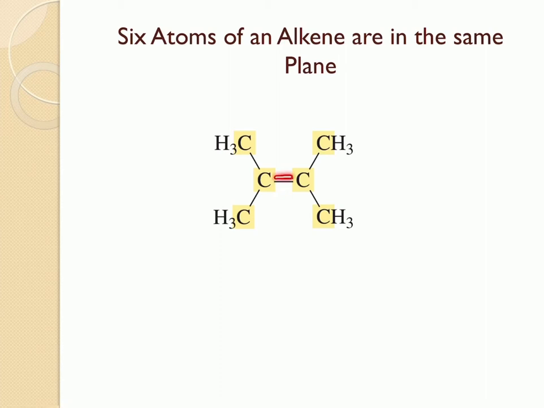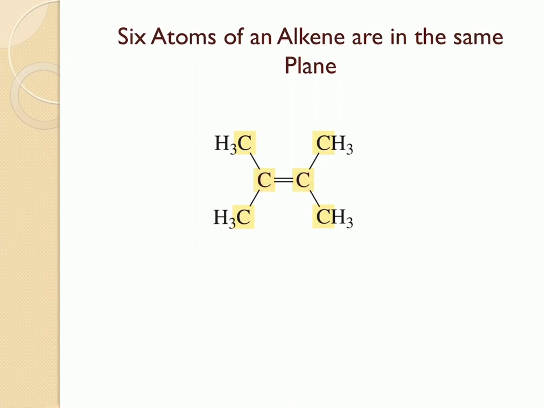So remember, when you have a double bond, there is going to be one sigma bond and one pi bond. And the sigma bond is formed by the overlap of an sp2 hybridized orbital of one carbon with an sp2 hybridized orbital of another carbon. Whereas the pi bond is formed by the side-to-side overlap of the remaining p orbital that is present on each carbon.